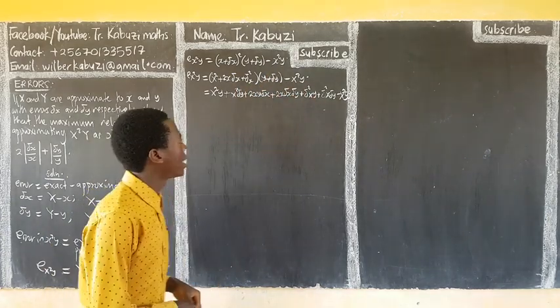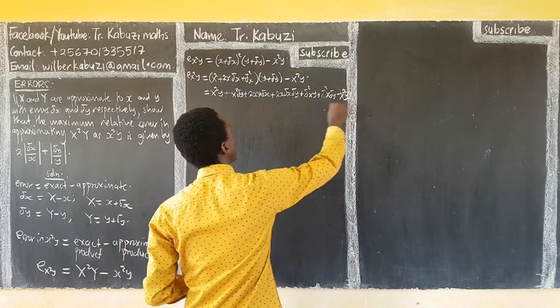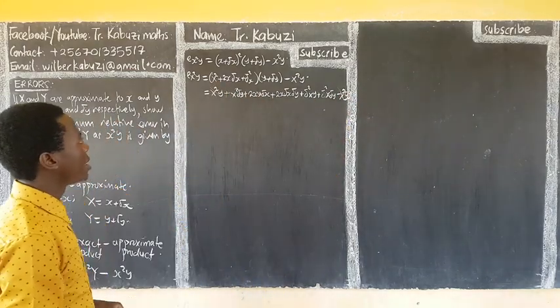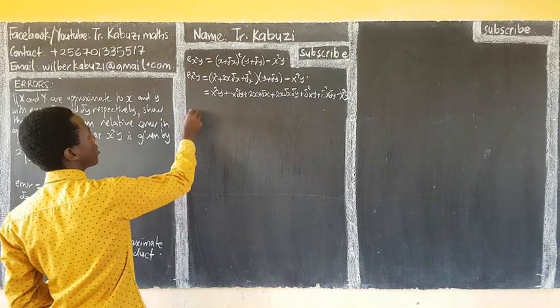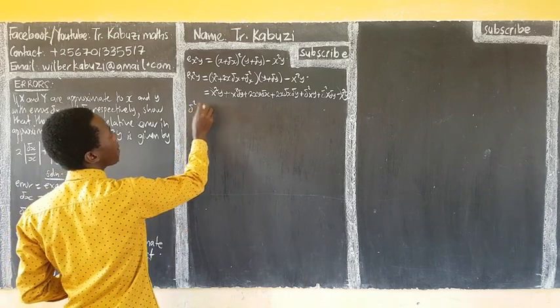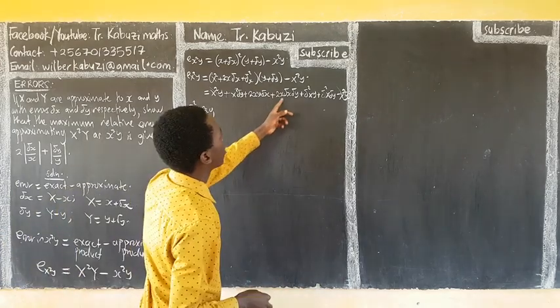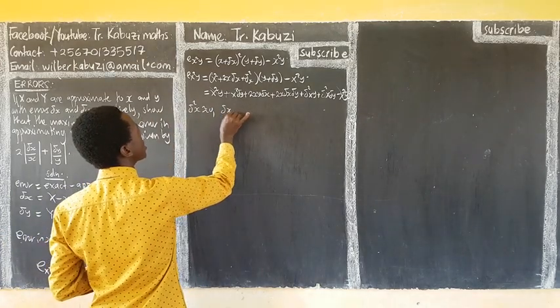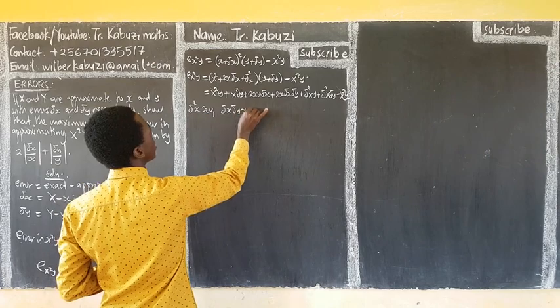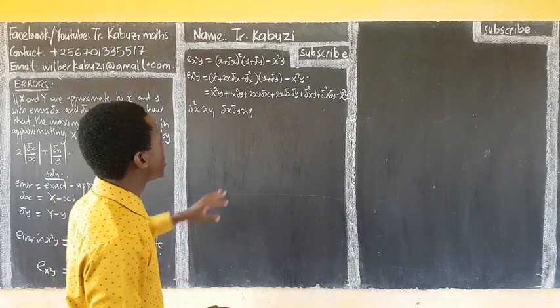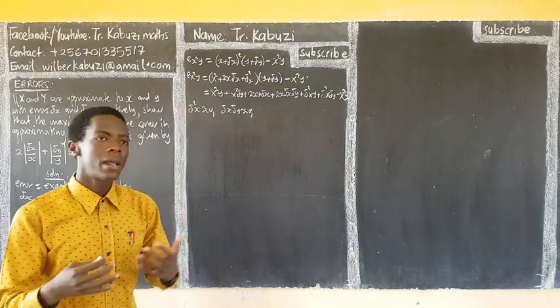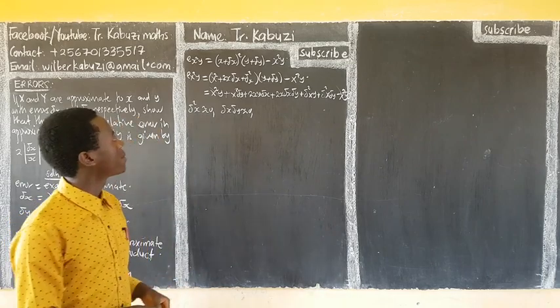Then minus that. So now this is going to go away with that. And this one, also x squared, approximates 0. Then also this one, delta x delta y, approximates 0, because they are very small, and if something small is multiplied by something small, we get something even smaller.